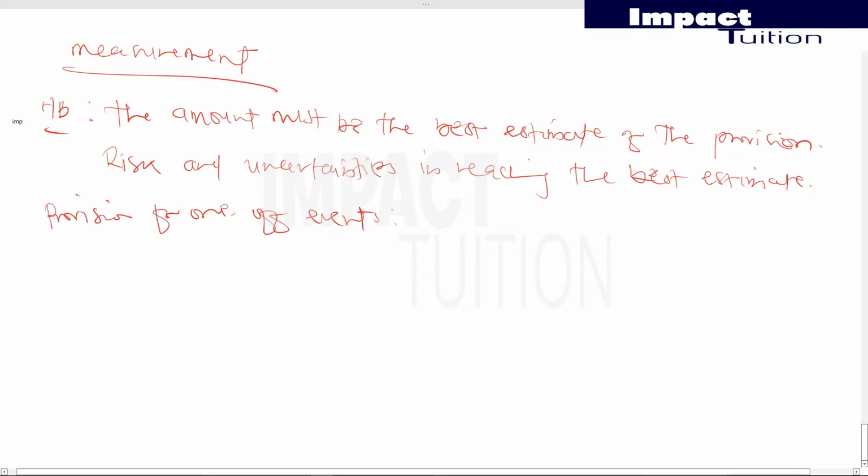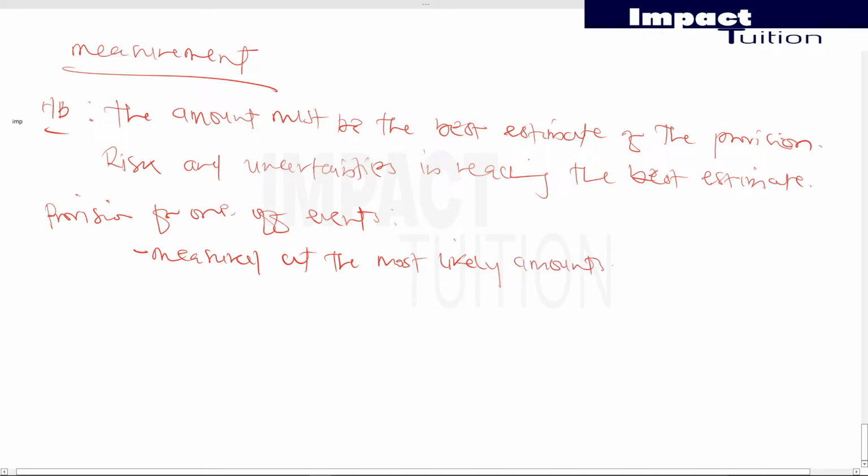So provisions for such events, the standard says that they are measured at the most likely amount.